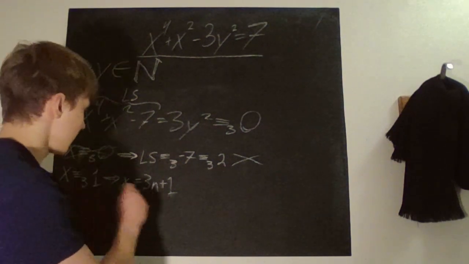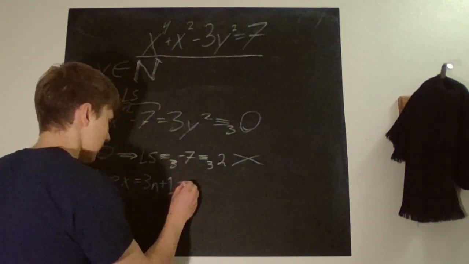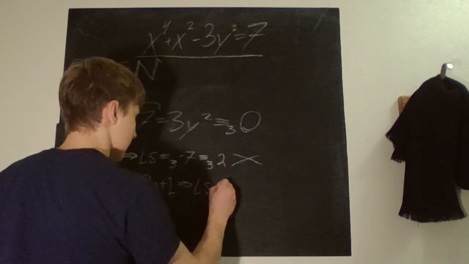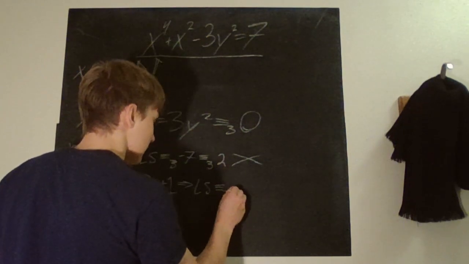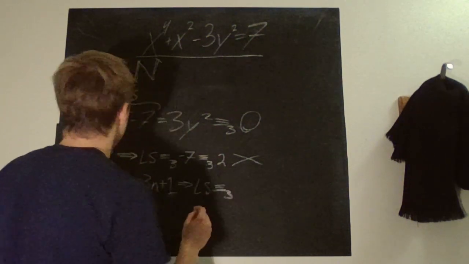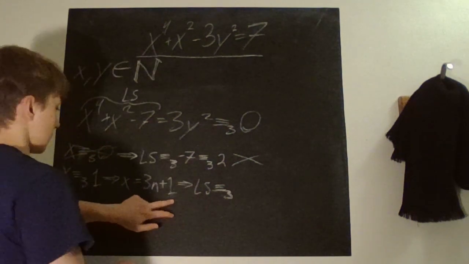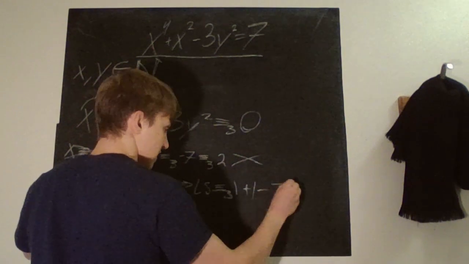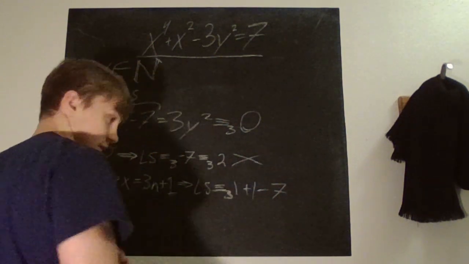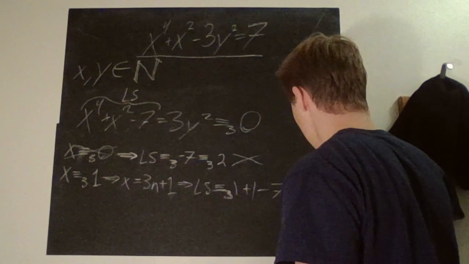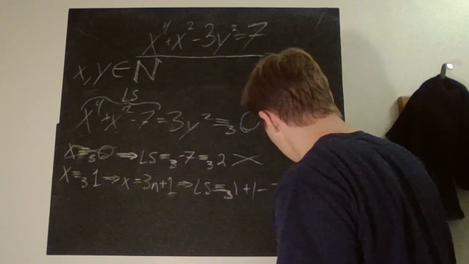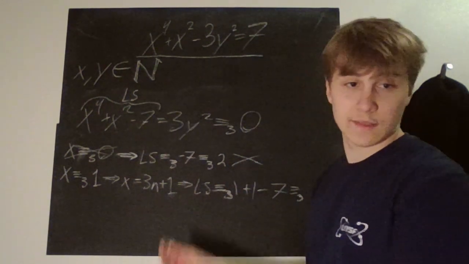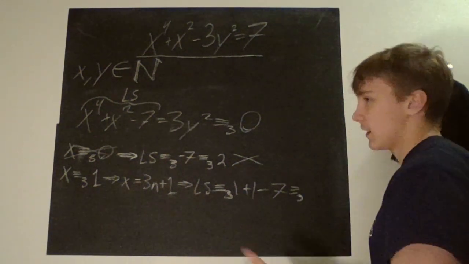So that means that the left-hand side in modulo 3 is equal to, well, we get 1 plus 1 minus 7, which in modulo 3 is equal to, well, obviously minus 5 and then plus 6.